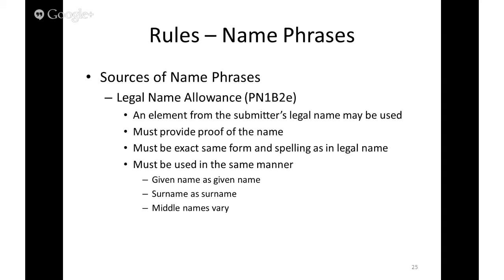Most modern middle names are given names, so they can be used as given names. A few modern middle names are really derived from by names, in which case we treat them as by names. Madison, for example. If you have someone whose middle name is Madison, that really came from the last name Madison, so we're going to treat that as a by name. It has to meet all the other rules, and it can't be obtrusively modern.